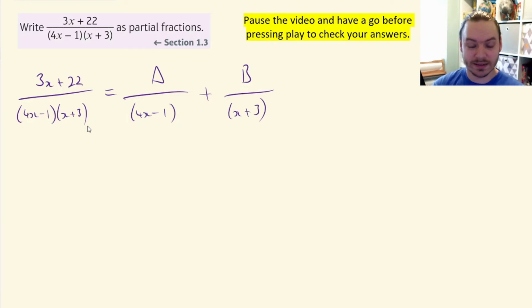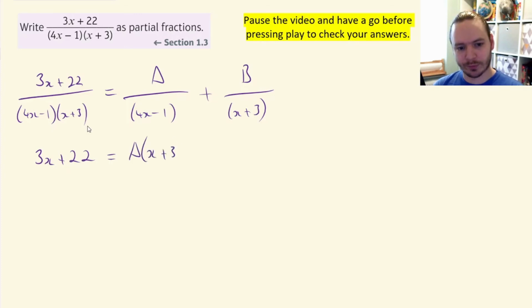And if I combine these two fractions to get a common denominator, what I end up with is 3x add 22, the numerator, has to equal A multiplied by x plus 3 add B multiplied by 4x minus 1. Denominators will be the same, they can all disappear. This is going to work if these things are equal.